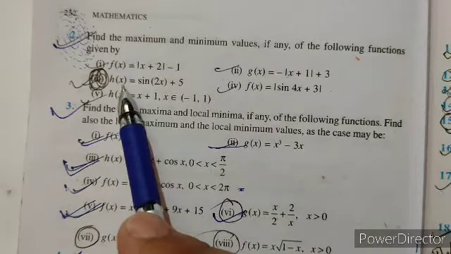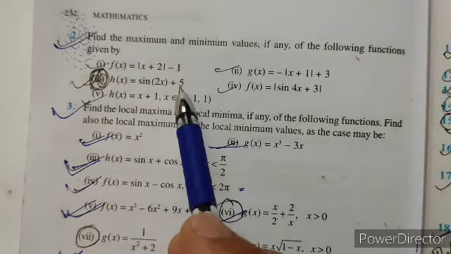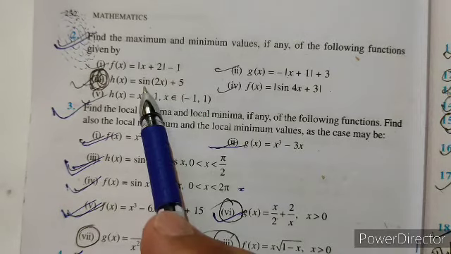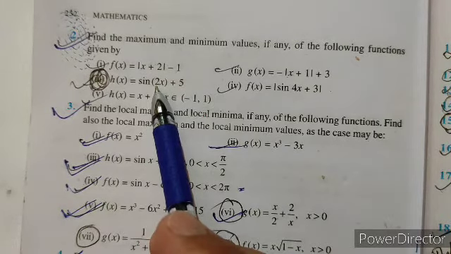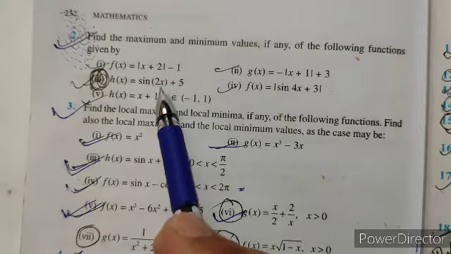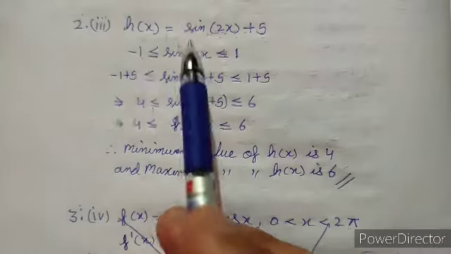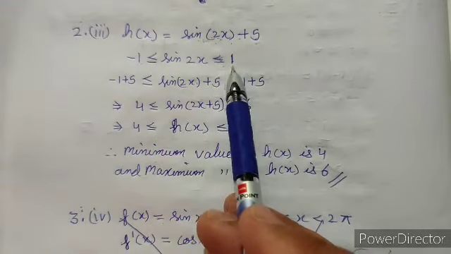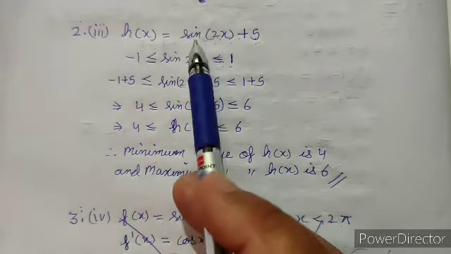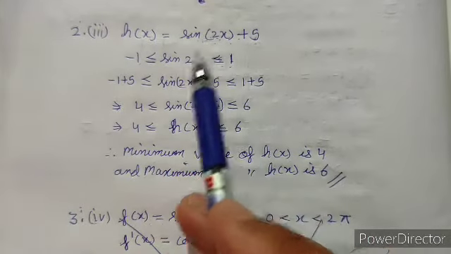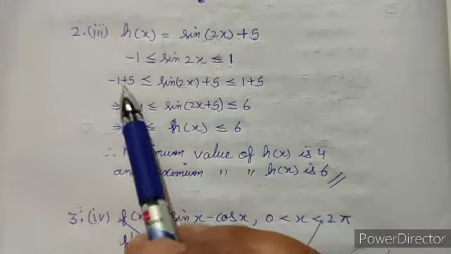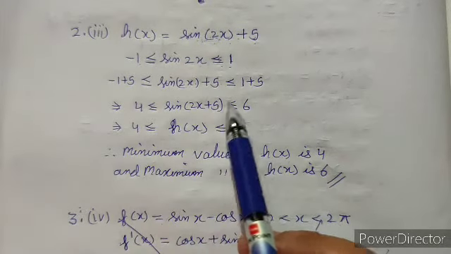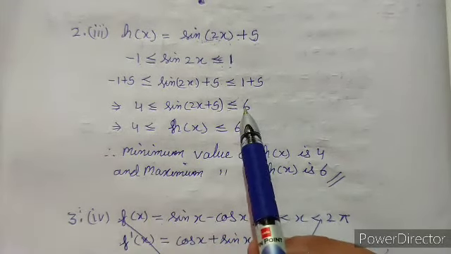Now in third part, h(x) equal to sin 2x plus 5. Now as we know, the maximum value of sin x is 1 and minimum value is minus 1. So this sin 2x will be greater than or equal to minus 1 and less than or equal to 1. Now we have to find sin 2x plus 5. So on adding 5 to each of them, we will get 4 is less than or equal to sin 2x plus 5, and that is less than or equal to 6.